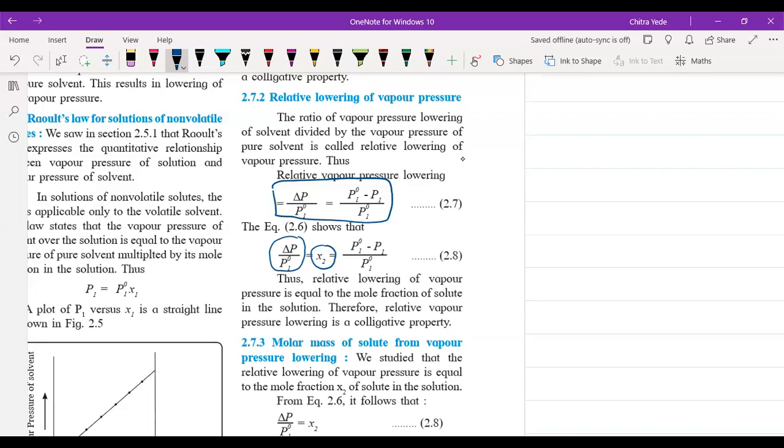But if you dissolve more solute, more particles of the non-volatile solute will occupy space on the surface, due to which the number of particles of the volatile solvent on the surface decreases, so the rate of evaporation decreases. So less vapor will be present inside the container, and less vapor pressure is caused on the surface of the liquid. So it totally depends on the mole fraction of solute only, right, everyone?